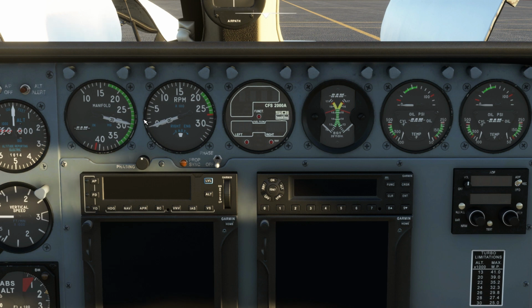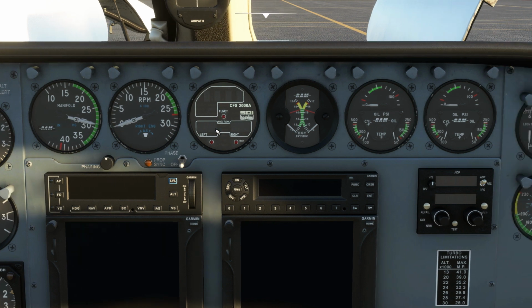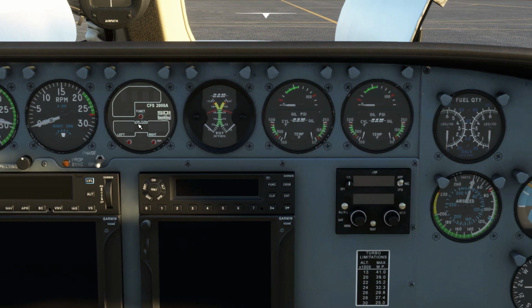This is the RPM of the propellers, of course. The fuel computer will need to set this up. This is the EGT, the exhaust gas temperature.